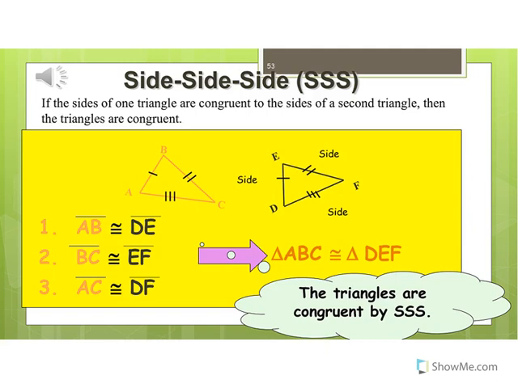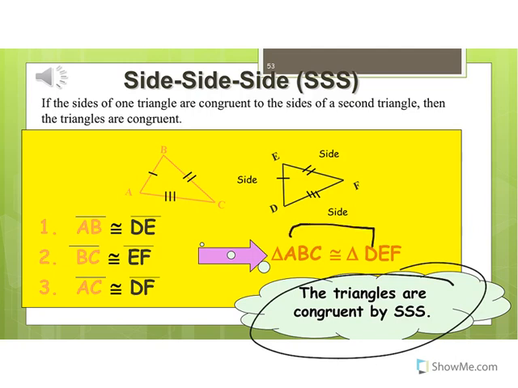So if we're able to show that all 3 sides of one triangle are congruent to all 3 sides of the second triangle, then the 2 triangles are congruent by side side side. Right? And you can notice that when we write the congruency, the order is important.